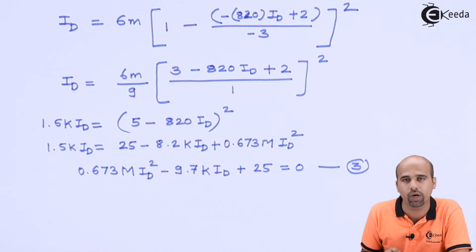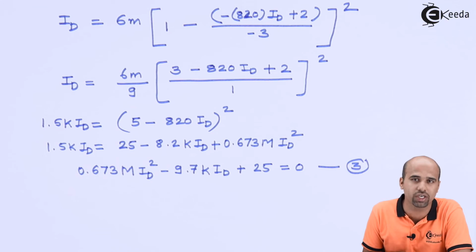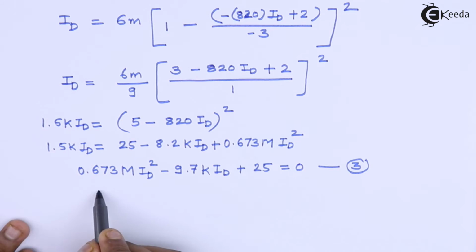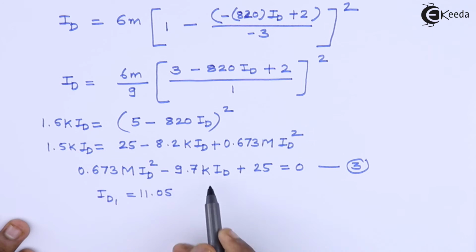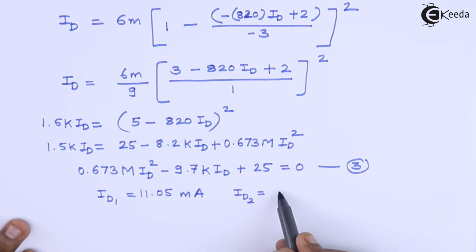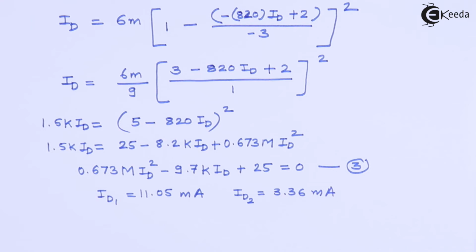So this is your quadratic equation, and check whether your calculator is working or not to find all the roots of this quadratic equation. I hope you have got the same answer as I have got here: 11.05 milliampere, that is ID1, and 3.36 milliampere, that is ID2, out of which I will select this.